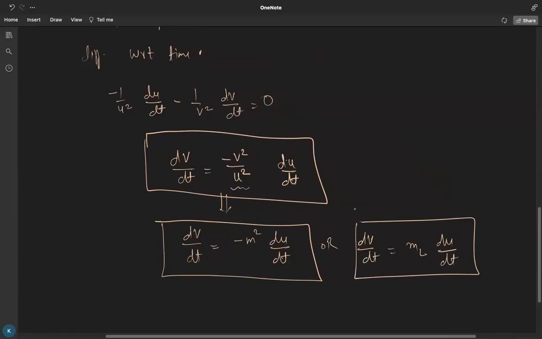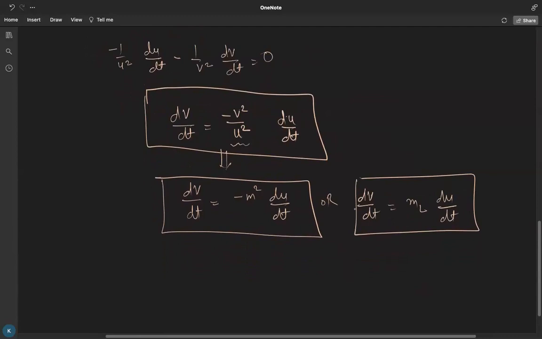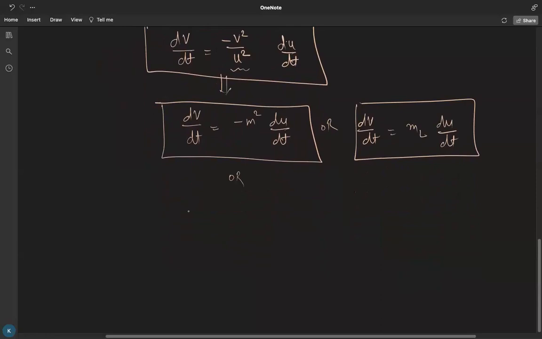This is the result we get, a very good relation between the velocity of the image with respect to the mirror and the velocity of the object with respect to the mirror. We can write it as: velocity of image with respect to mirror is equal to longitudinal magnification times velocity of object with respect to mirror.